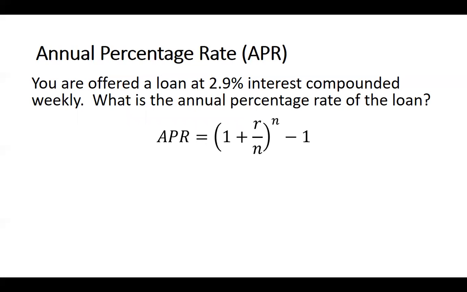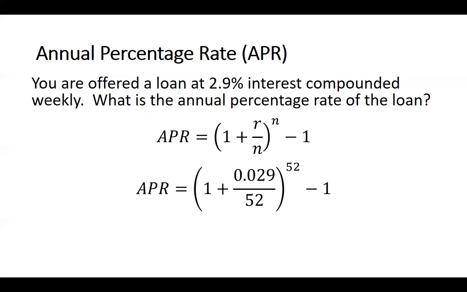So we start out with our formula, and notice I filled in APR for the effective rate because that's what we're looking for: the APR is equal to 1 plus R over n, raised to the n, minus 1. Our interest rate is 2.9%, so R is 0.029. We're compounding weekly, so n is equal to 52.